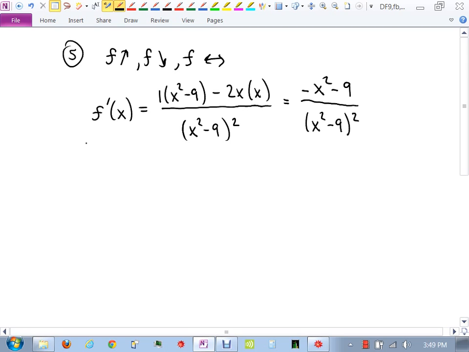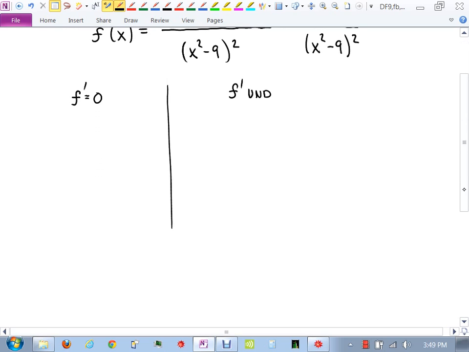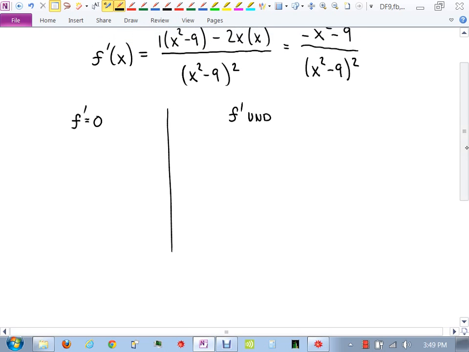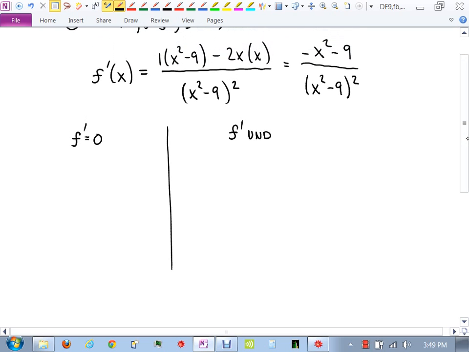Now we have to ask two questions, remember? Where is that 0 and where is that possibly undefined? So where is it 0? Well, when is a fraction ever equal to 0? Only when the numerator is. So don't I just have to look at just the numerator equal to 0?